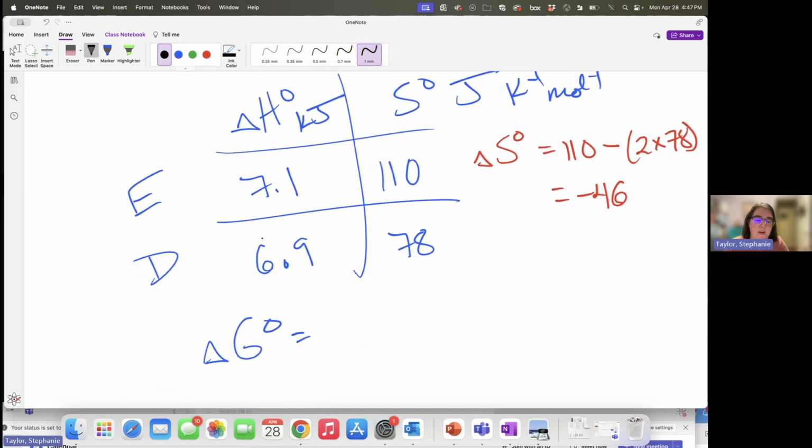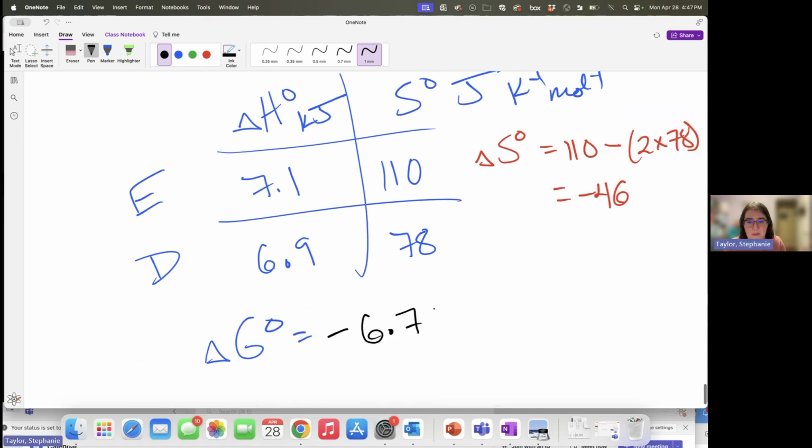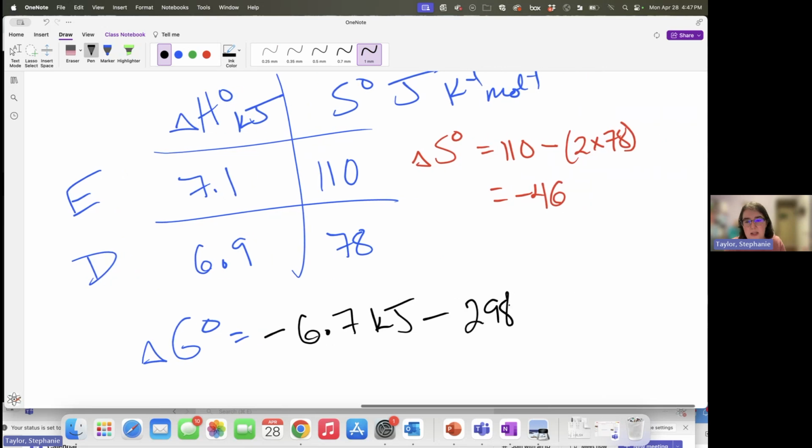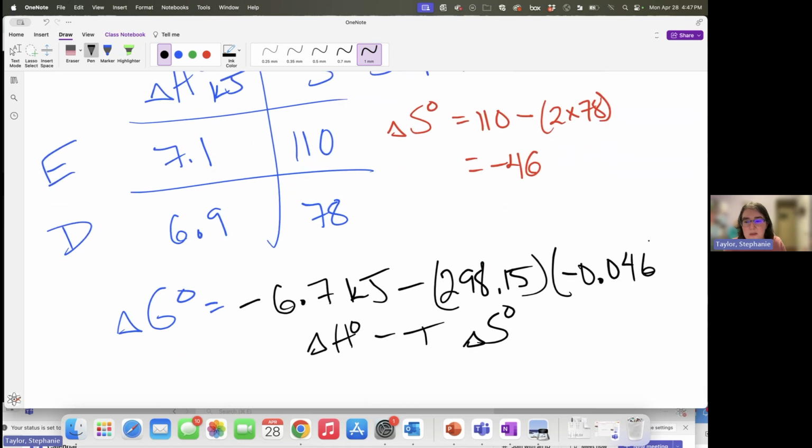So then I could come down here and solve for my standard delta G of negative 6.7 kilojoules minus my temperature, 298.15. I'm using delta H minus T delta S, technically all the ones with the standards, and delta S of negative 0.046, because that one is in joules.